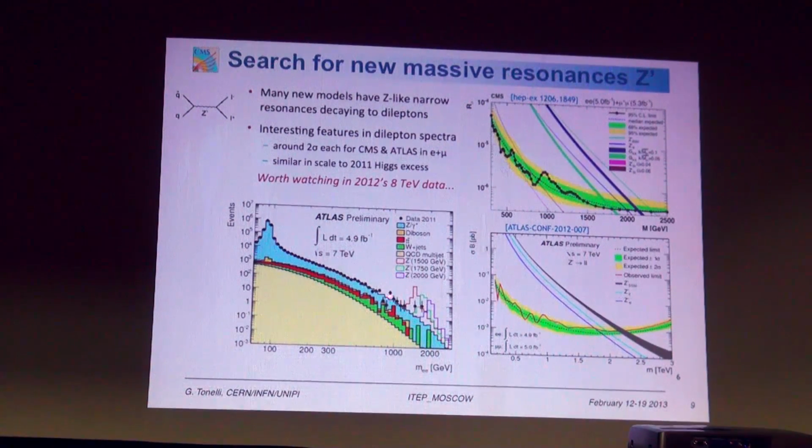You see there is still, in ATLAS also, some hint of an excess. It's not really serious because the previous 2 bins are below. But anyway, there was a period in which we were really close to announcing to the world that we had discovered a new state of matter. And that would clearly have been maybe a hint of extra dimensions, or maybe a new interaction, really another major breakthrough.